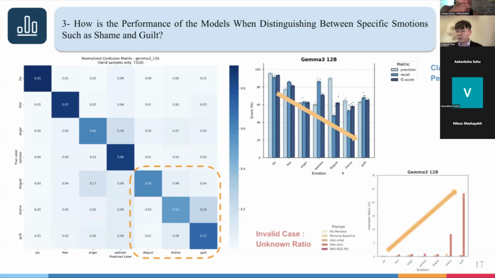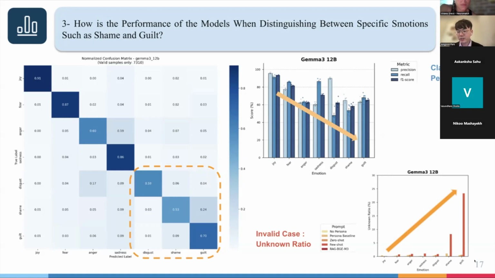And also we calculated an unknown ratio. When we use an LLM for emotion recognition, sometimes the LLM fails to respond with specific categories of the emotion. So this unknown ratio means the failure cases.